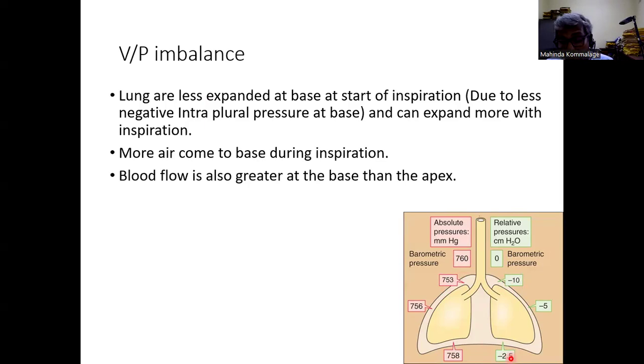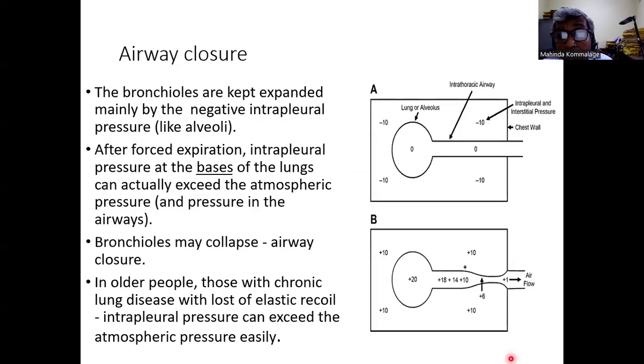Right? So this high interpleural pressure can be a disadvantage in the lower part of the lungs. Because if there is a forceful inspiration, we inspire with extra effort.